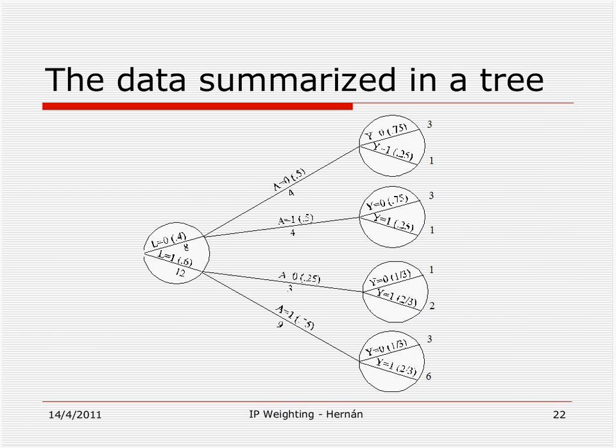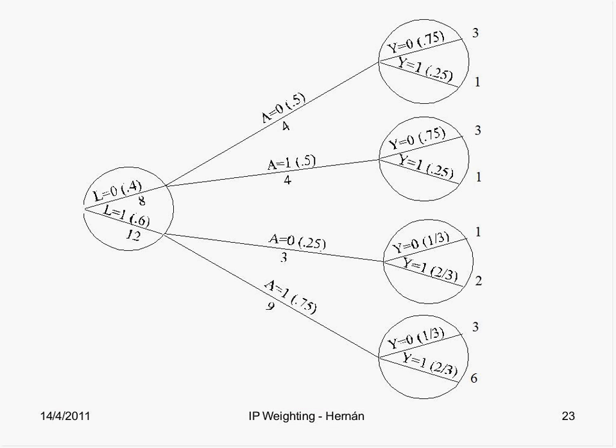Let me represent this data as a tree, as many people in decision analysis do. This would be the data from our study. We have 800,000 people that are in non-critical condition.